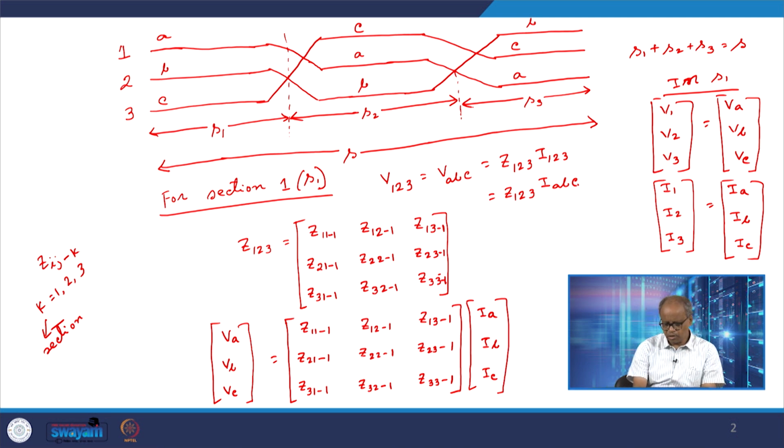Now Z11, Z12 is basically the total impedance of the line corresponding to length S1. So how to calculate that? That we will discuss a little later on.